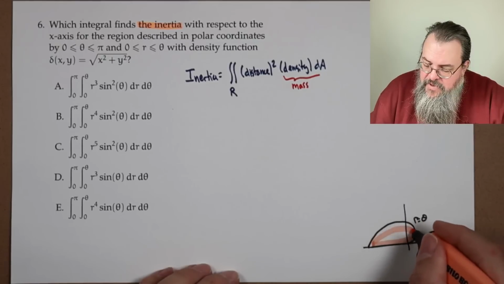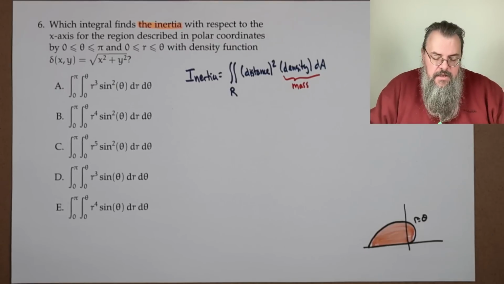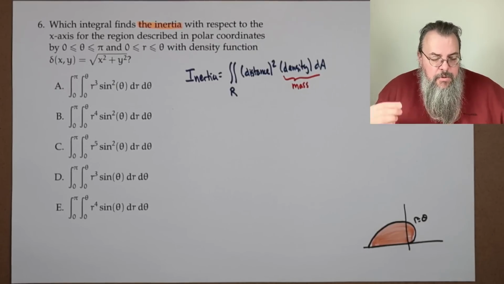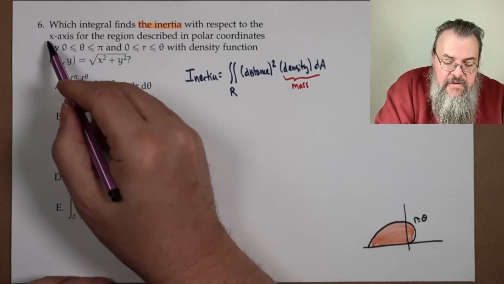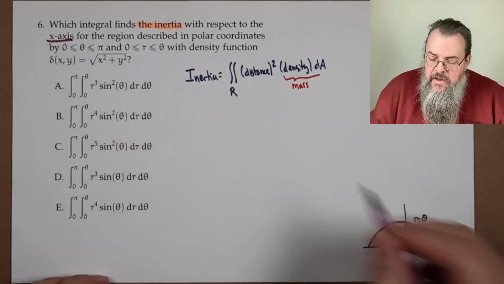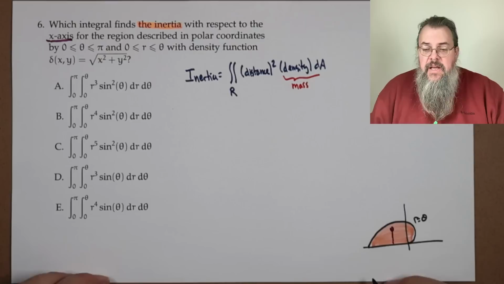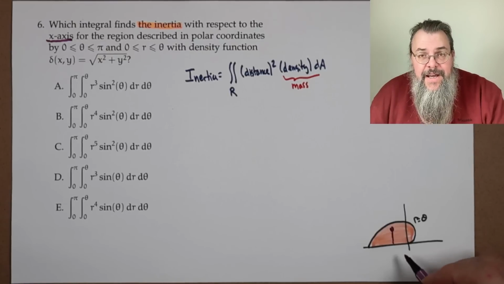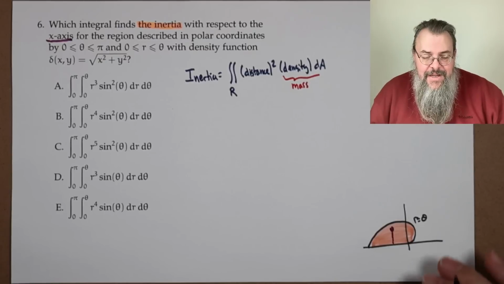And so when we're saying we want to do it with respect to the x-axis, well, that says take your little tiny piece and go down to the x-axis. How far away is that axis? What's your distance down to the x-axis?